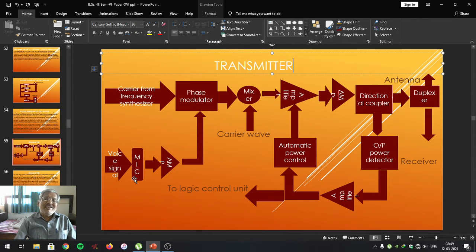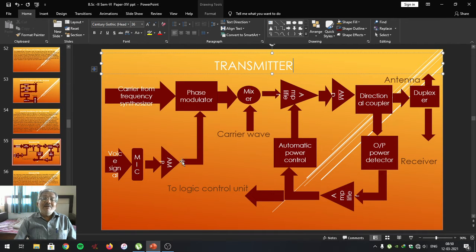Microphone is a part of handset associated with the cell phone where we are going to speak verbally. So that signal you can call it as the voice signal. It is represented here. This voice signal is given to the mic. Mic converts acoustic sound signal into electrical signal.